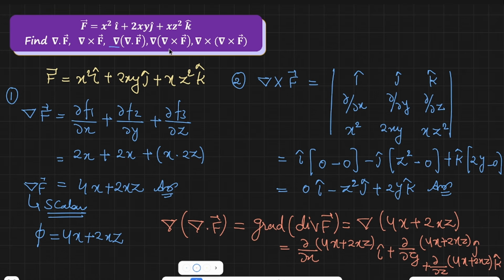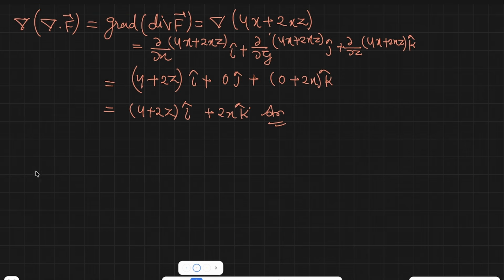Now the third one is to find the gradient of this curl. Can we find this? Now it is not the gradient, this will be the divergence. Let me explain. What was the question? The question was del cross f vector. And what is your f vector?